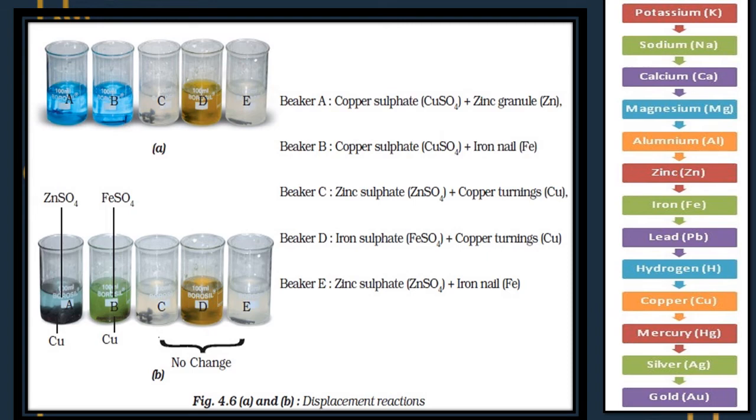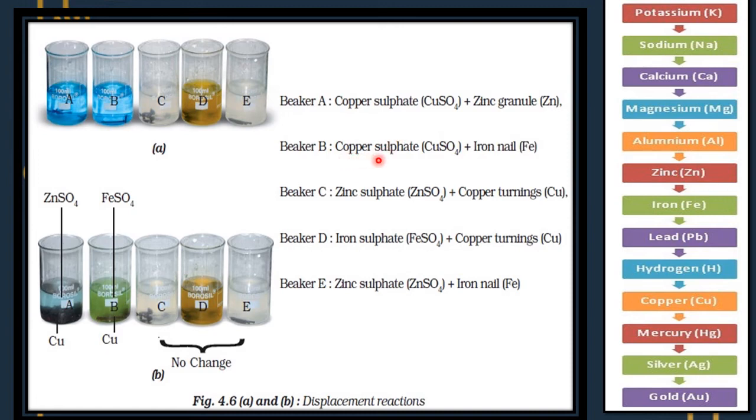Now let us understand an activity given in the NCERT book which is about displacement reactions, in which 5 beakers are taken. In beaker A there is copper sulfate and zinc. Copper sulfate is blue, so it's clearly visible.